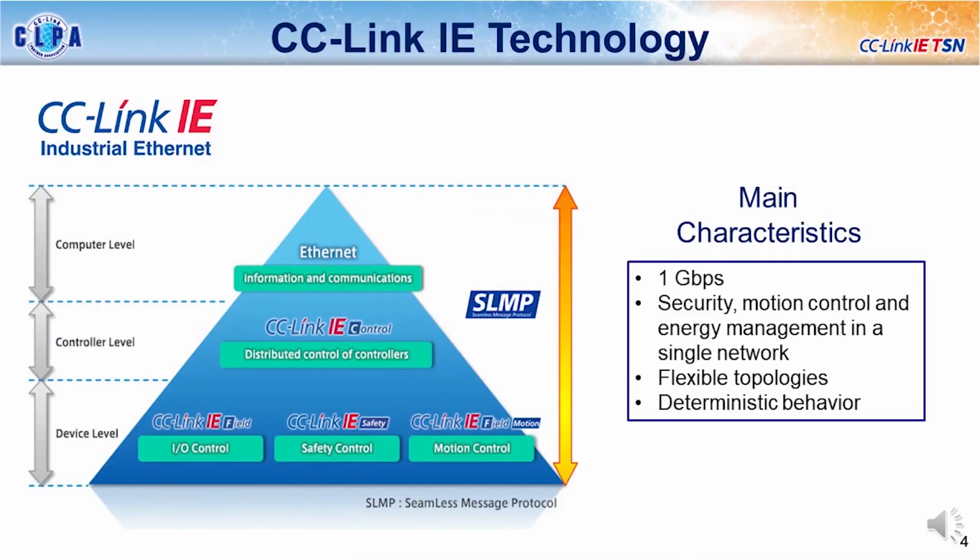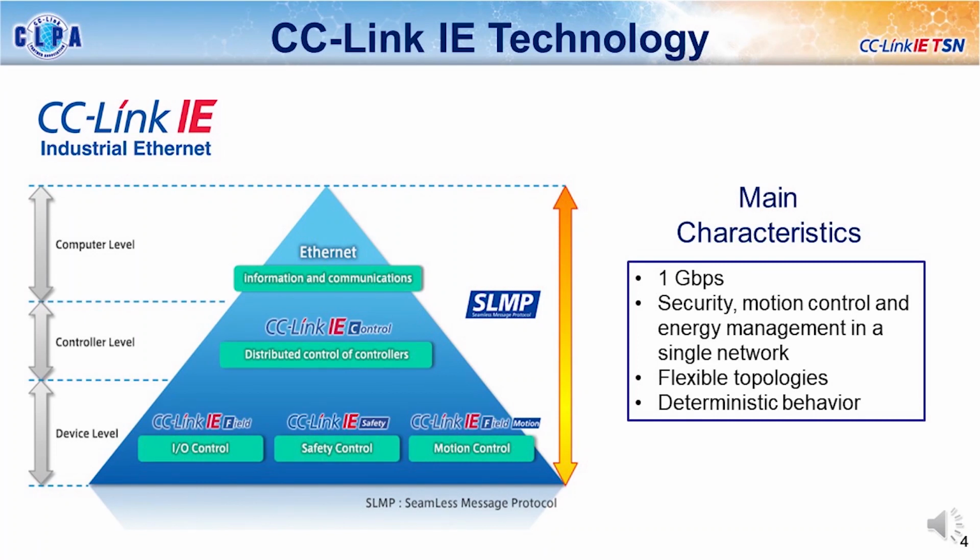Now about CC-Link technology. CC-Link IE is the family of networks based on industrial Ethernet technology. All of them have a bandwidth of 1 gigabit per second, and you are able to combine safety, motion control, and energy management in the same network. They have flexible topologies and deterministic behavior.